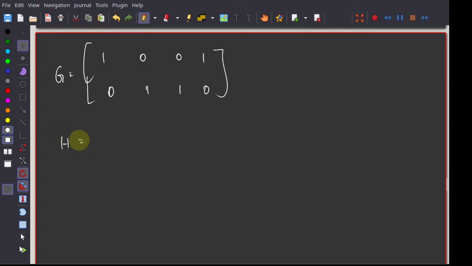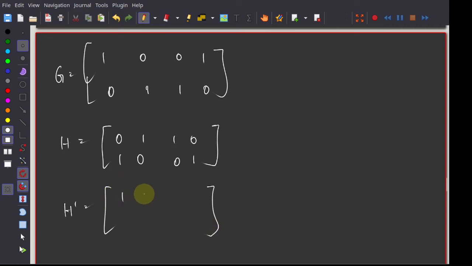Let me take H to be this matrix. Or in other words, I could take H to be G. Now, this is a matrix H. I take another matrix H prime, which is 1 0, 1 1. These are three matrices.